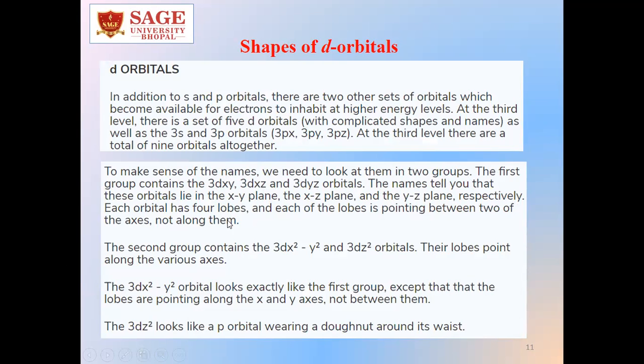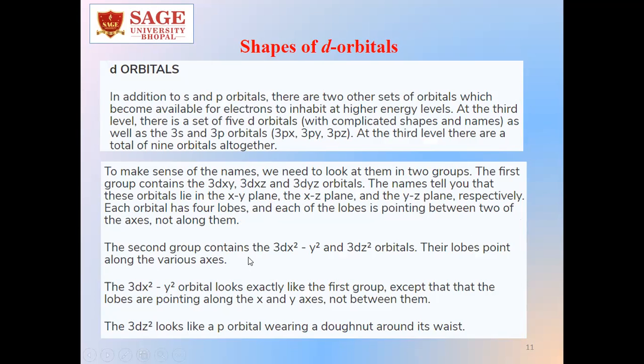Each orbital has 4 lobes, and each of the lobes is pointing between two of the axes, not along them. So in contrast to the p orbitals, in the case of d orbitals, the lobes are pointing in between the axes and not along the axis.